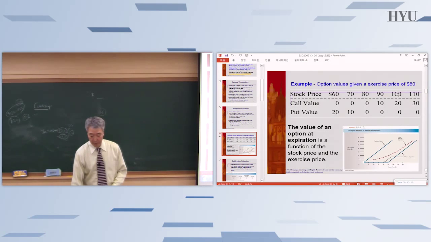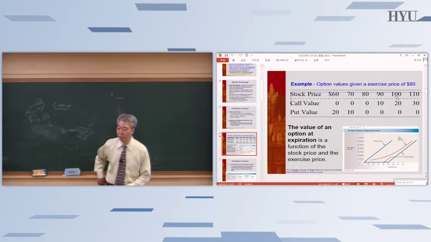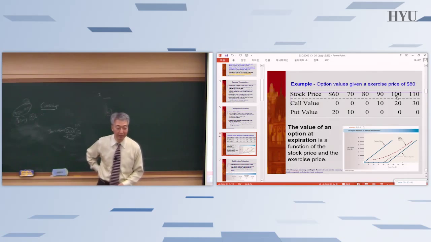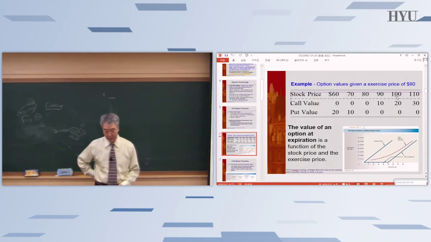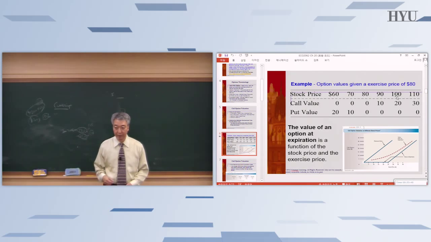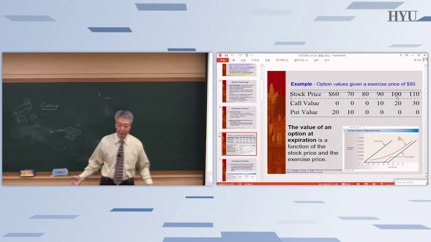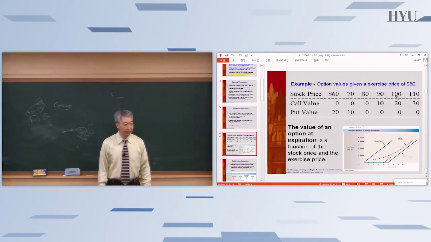That option is completely useless because you can purchase the stock at $60. You're not going to exercise it. That's a piece of trash. $70, the same thing. $80, the same thing; if the current stock price is exactly the strike price, you might as well just purchase the stock at $80 instead of exercising.